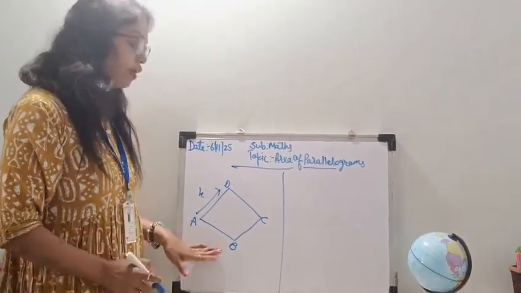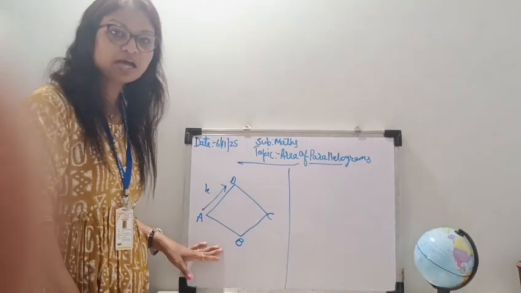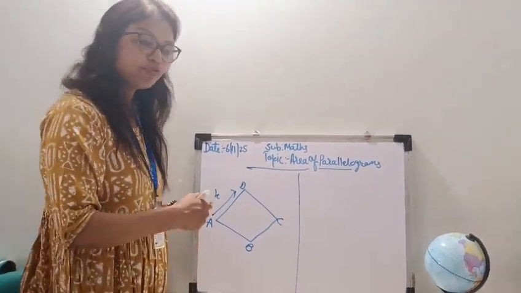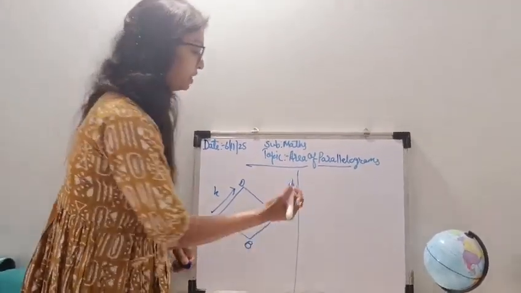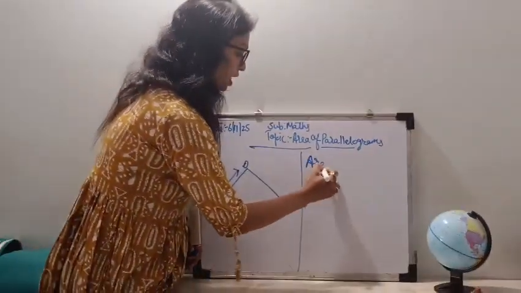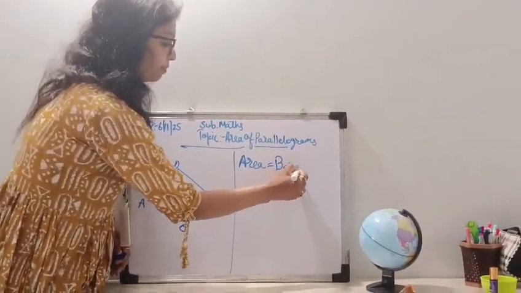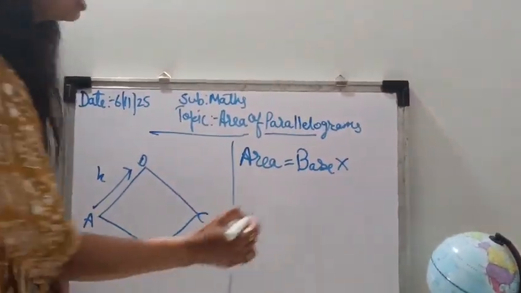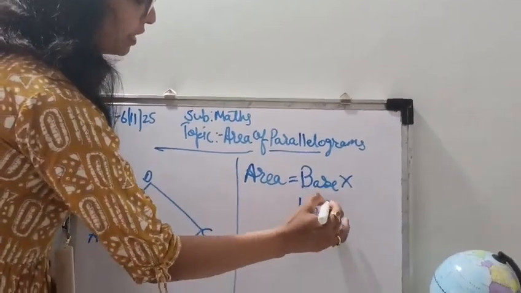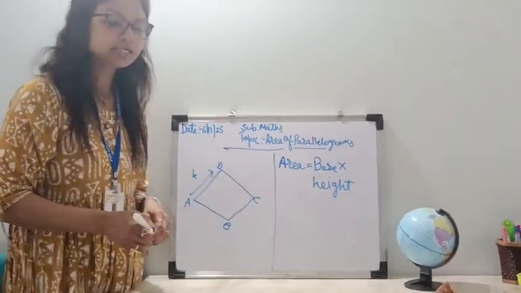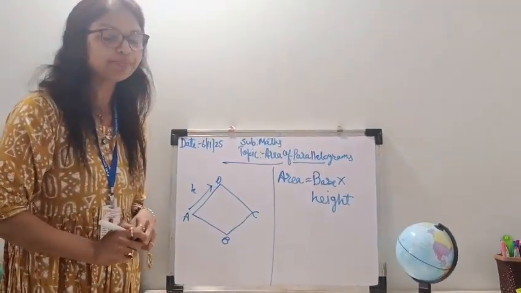Okay, so for this parallelogram, we are having one formula also. The formula of parallelogram is area is equal to base multiplied by height. All are clear? What is parallelogram?